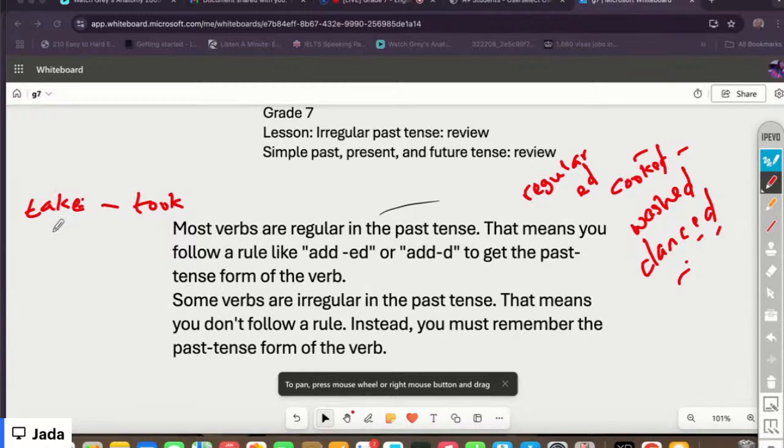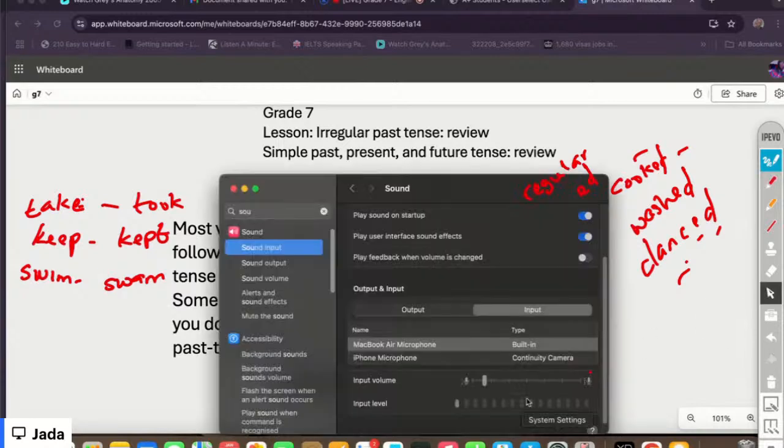We can have keep, kept. We can also have swim, swam. So all these are the irregular past tense. They do not end with ed and you do not add ed to them. There are a whole lot of irregular past tense verbs, so you just have to be able to remember them because they do not follow the same rule as the ones with ed.